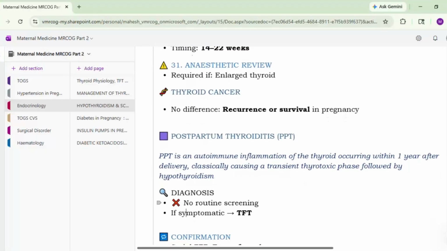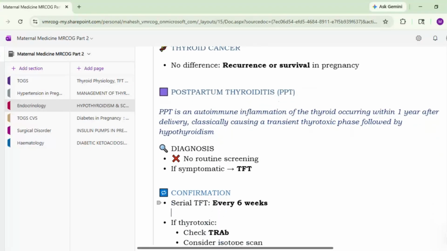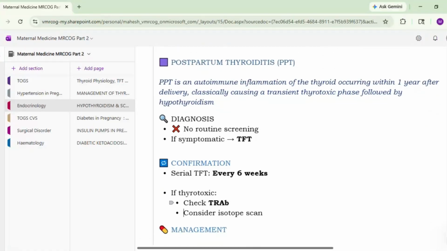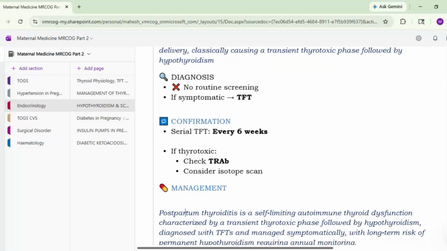Okay, so routinely you don't have to screen for postpartum thyroiditis unless there is some suspicion. If symptomatic, you will do the TFT. You have to do the serial TFT every 6 weeks. If the patient is thyrotoxic, you will also check for TRAB and consider the isotope scan. And remember, isotope scan is safe during pregnancy or the breastfeeding period.